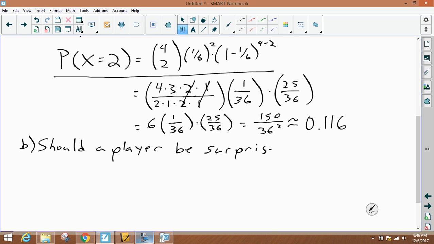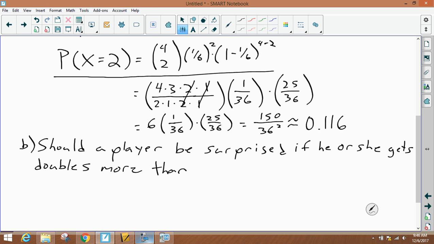Very. If he gets doubles more than twice in 4 attempts. Yeah, he or she, I should say. Pretty surprised. More than twice in 4 attempts, right?